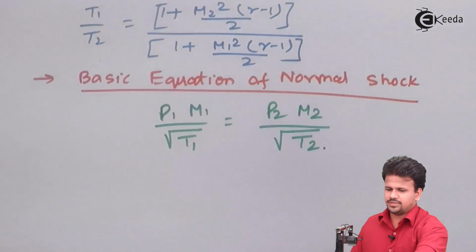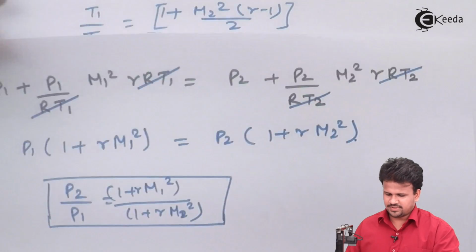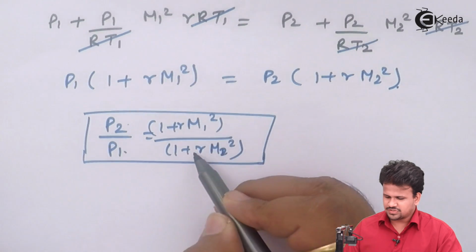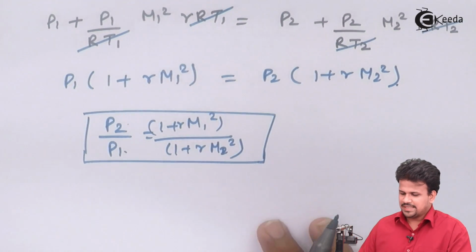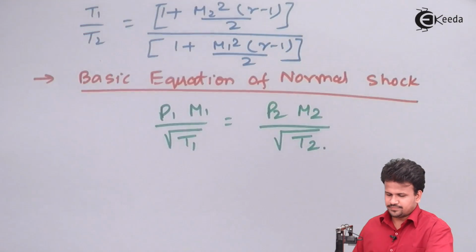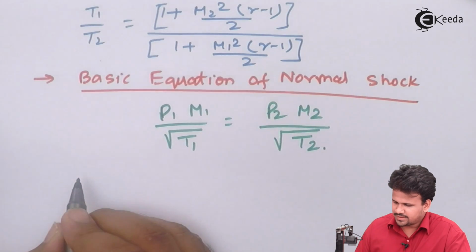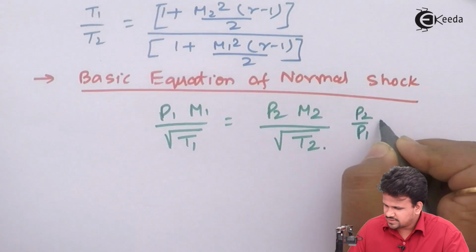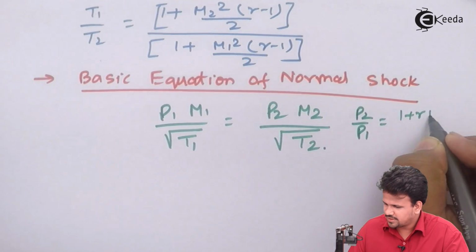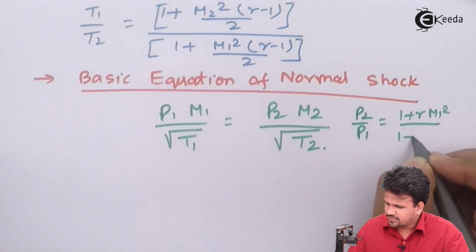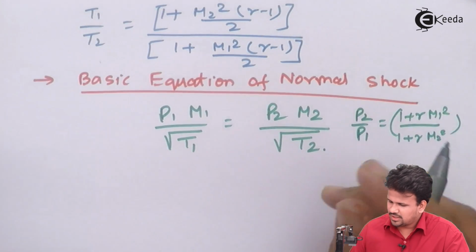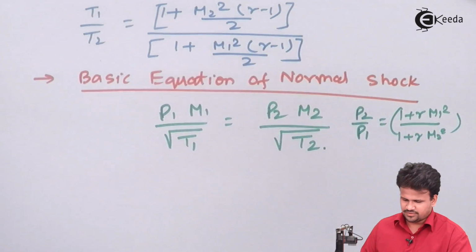We have seen from the previous sections that P2 by P1 is 1 plus gamma M1 square upon 1 plus gamma M2 square. So let us write down P2 by P1 is equal to 1 plus gamma into M1 square upon 1 plus gamma into M2 square. Along with this we have T2 by T1.